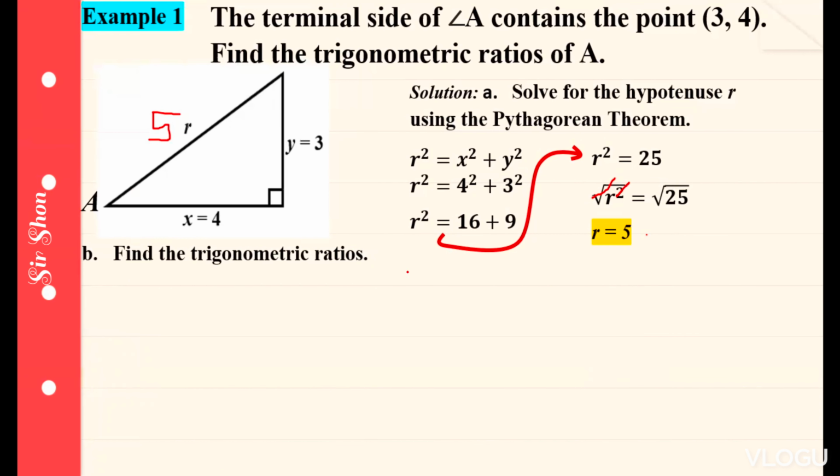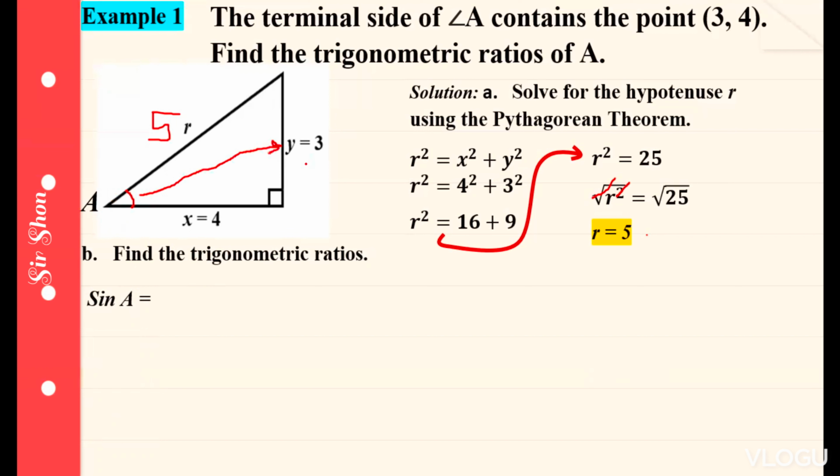Next, we have to find the trigonometric ratios of the given triangle with the lengths 4, 3, and 5 for the hypotenuse. First is sine. What is sine A in the given right triangle? Our given theta is in this angle, so the side that is opposite to this angle is y.